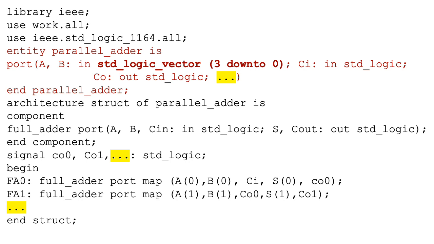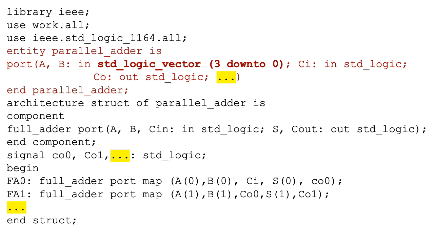So anything that's not a port. If it's a port, it should be defined in the entity part. So anything that's an input or an output means it's a port that must be defined in the entity part of the code. Anything that's internal is a signal in VHDL, so it will be defined here. According to our guide that we've created earlier, we need 3 signals, CO0, CO1, and CO2.